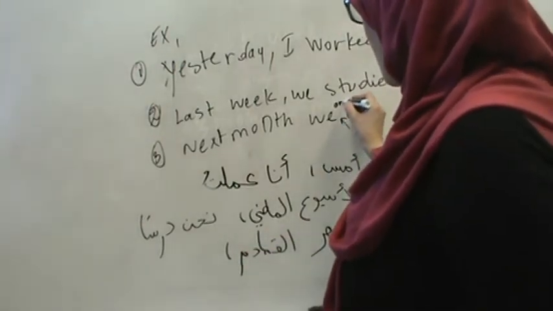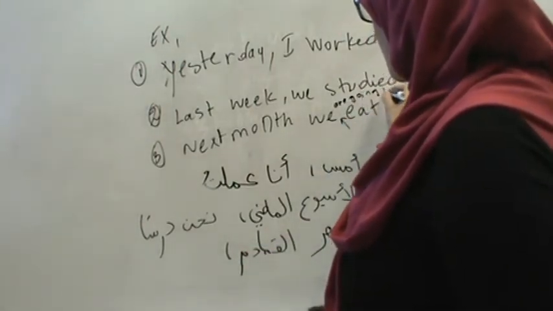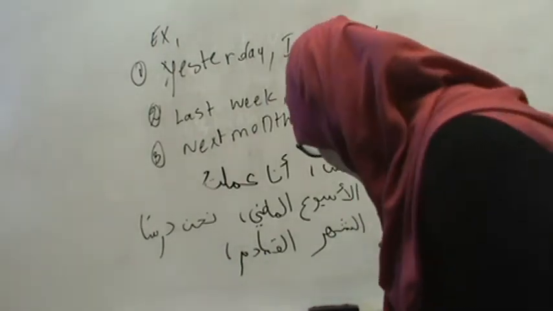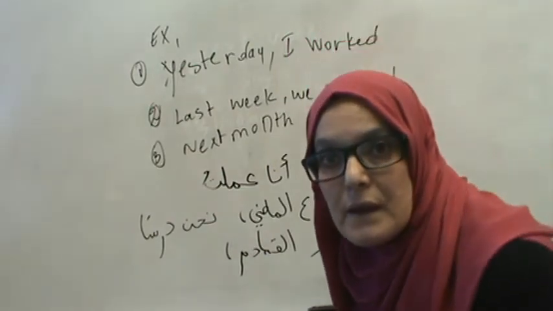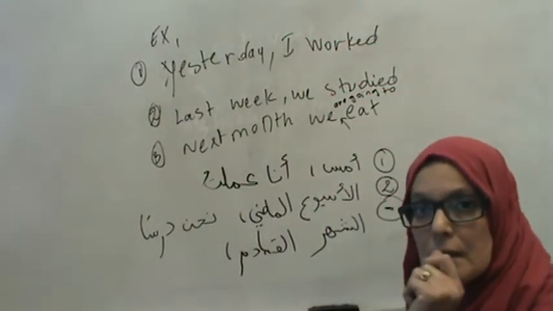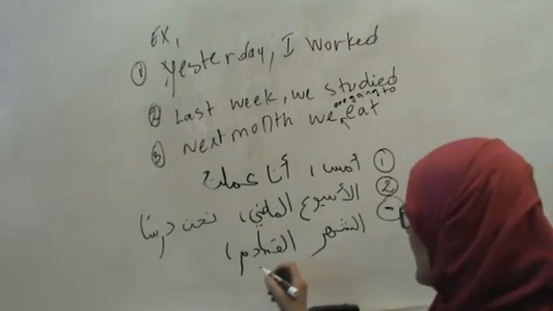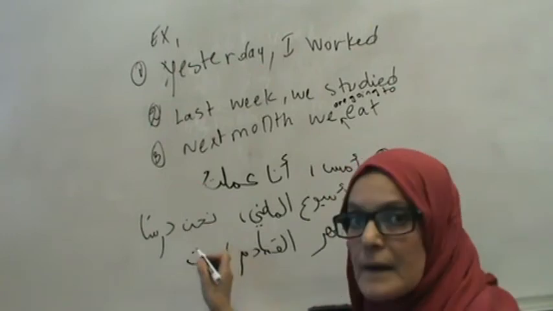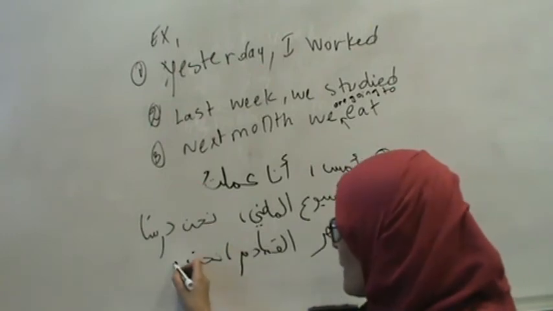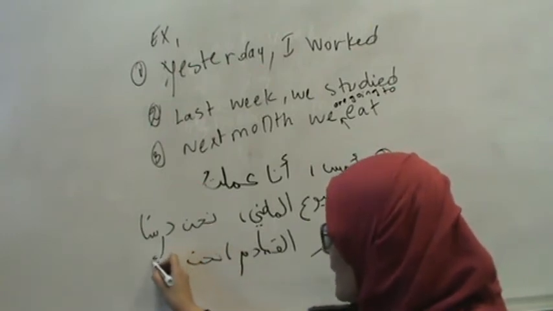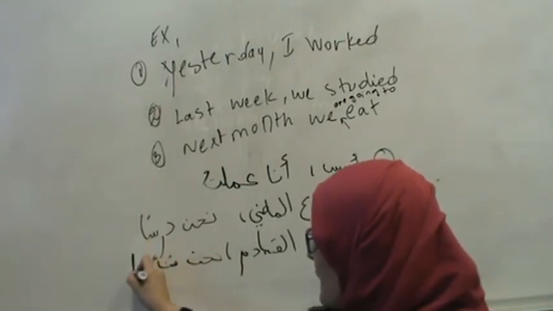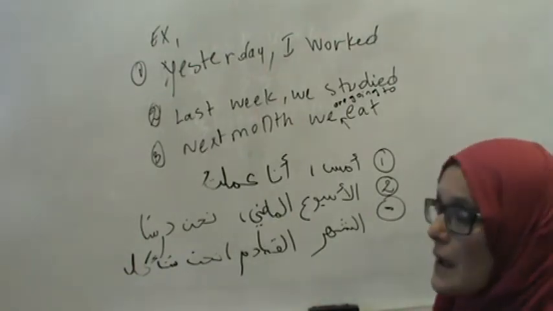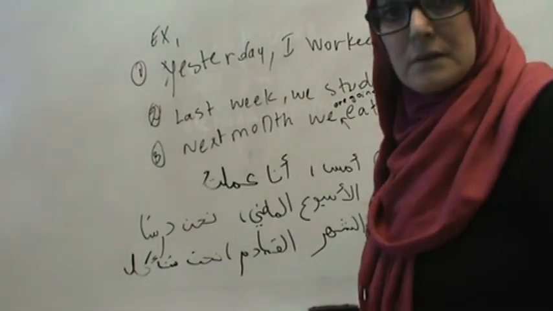And remember, the future tense in Arabic is just expressed with the sa. So نحن سنأكل. نحن سنأكل. It's just some example.